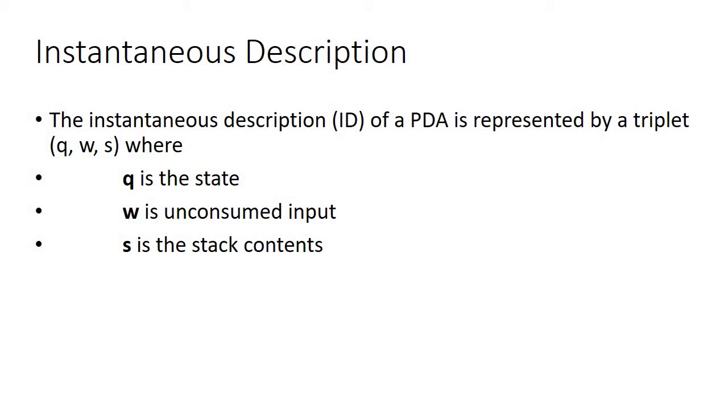So whenever we perform any transition function, it needs to have the state value as well as the input which we need to process and the stack content, that is the stack top value.